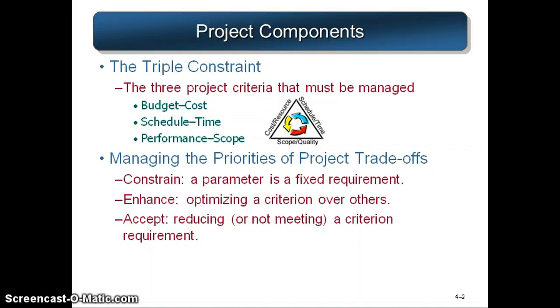And then the other is accept. Which component is acceptable not to meet the original parameter? For example, is it permissible to reduce the scope of the project to meet the other components of the project, such as cost or schedule?